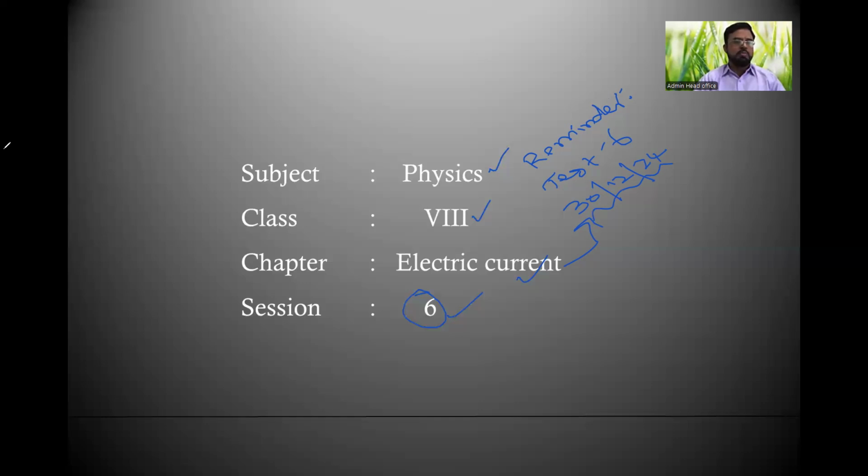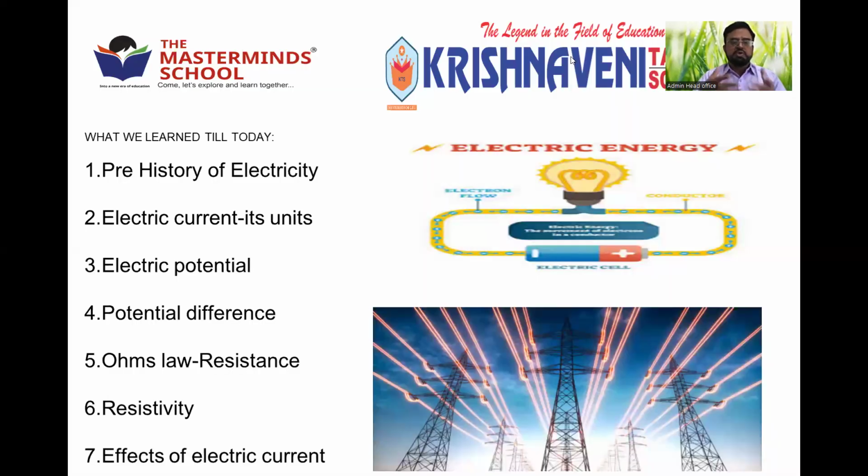But before going to today's session, let us recall what we learned in the last 5 sessions, which you can see on the screen. You can see wonderful color pictures and the topics we covered earlier, starting from the prehistory of electric current, to what is electric current and its units, what is electric potential, what is potential difference, what is EMF, what is Ohm's law, which shows the relation between current and potential difference.